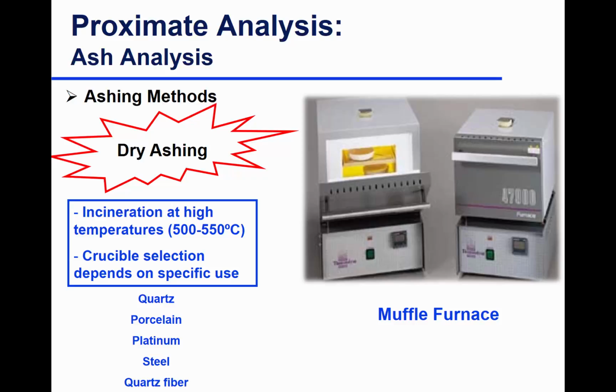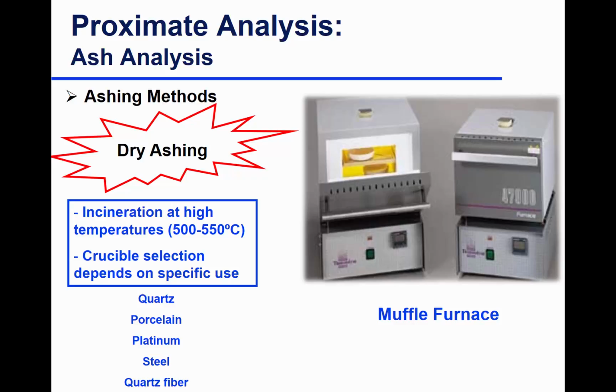Some of you have seen the muffle furnace when we put in your samples. You take your crucibles once you weigh out your samples and put them in a muffle furnace, and that gets heated up to high temperatures, 500 to 550. You can get that temperature higher as well to get rid of carbonaceous matter that is really hard to remove, but you have to be aware that you might volatilize some of the minerals.